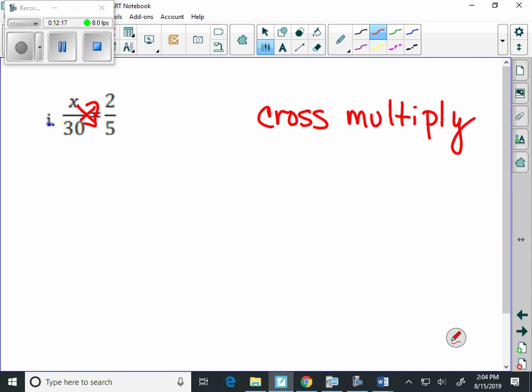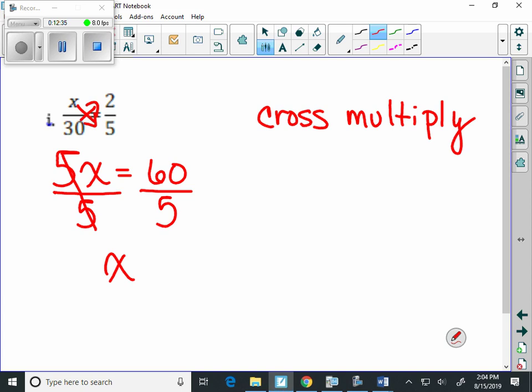X times 5 is 5x. 30 times 2 is 60. And then we can solve. Again, undoing this multiplication, 5 times x, divide both sides by 5, we get x equals 12.